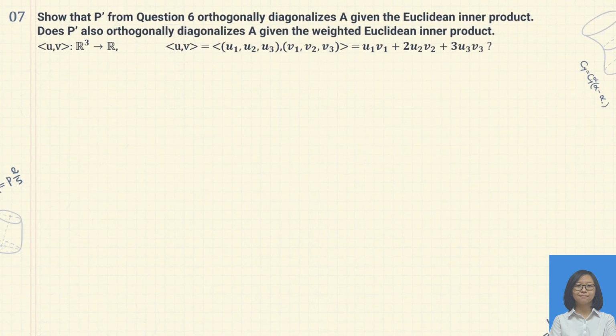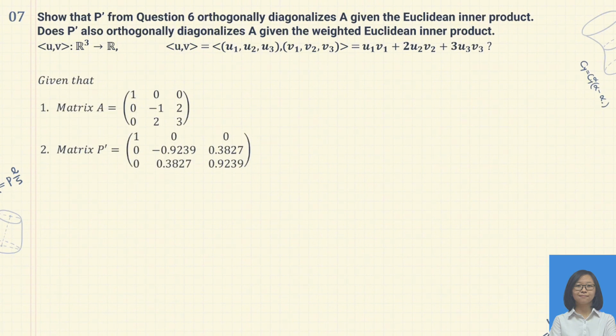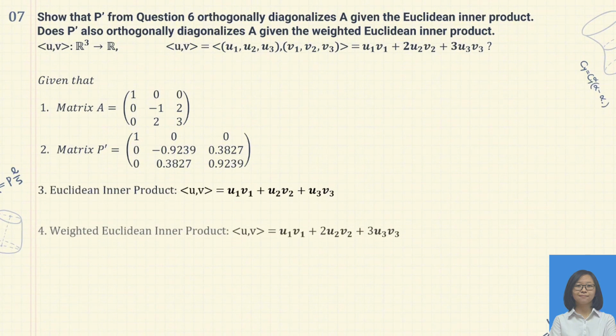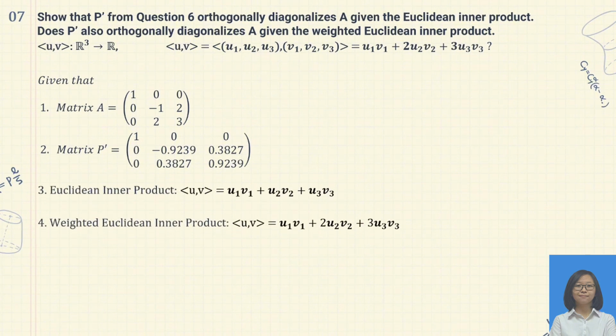So from the equation and the answer from the previous question, we are given the value of matrix A, matrix P prime, and the equations of the Euclidean inner product and the weighted Euclidean inner product.